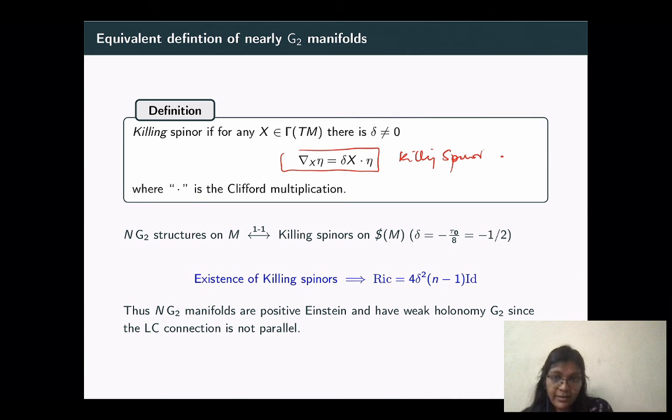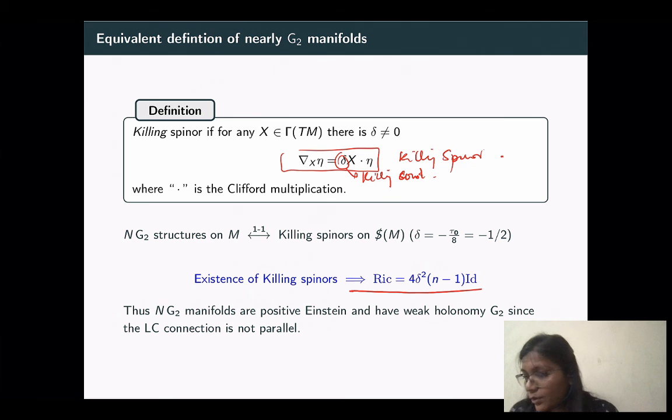This is another proof of why nearly G2 manifolds are positive Einstein, because the existence of the Killing spinor implies that the Ricci tensor must be a scalar multiple of the identity, which depends on delta, also known as the Killing constant. So this is how we can define a G2 structure and everything associated to a nearly G2 structure using this Killing spinor.